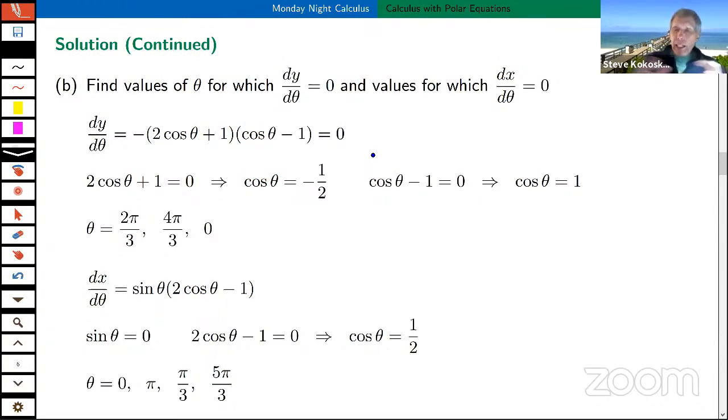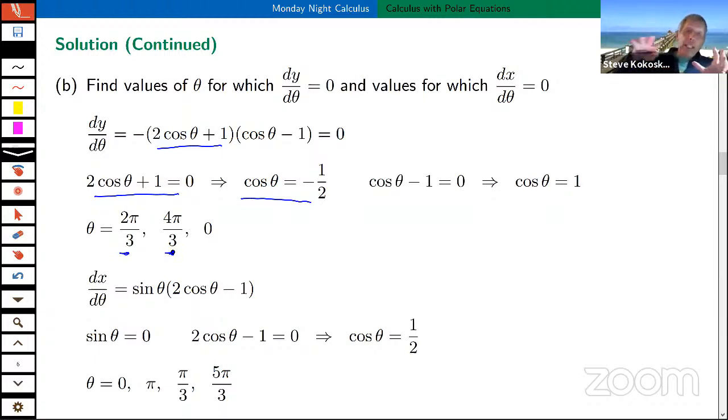So, okay, a little bit of this is kind of slurred together here, but here's one term. I set that equal to 0. I solved for the cosine of theta, and I thought about, well, okay, where is the cosine of theta equal to minus 1/2? I've got a 2 pi over 3 and a 4 pi over 3.